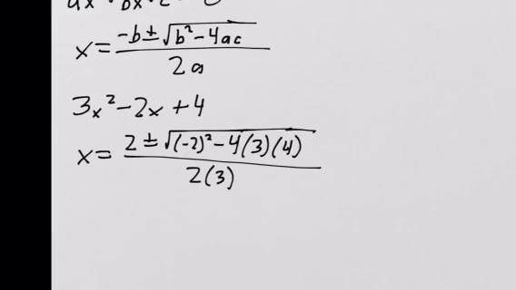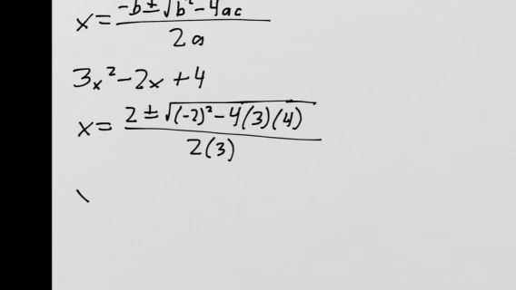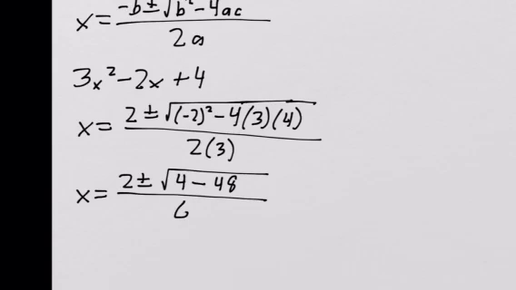So, doing some simplifying here, so that's 2 plus or minus the square root of 4 minus 48 divided by 6. 4 minus 48 is negative 44.